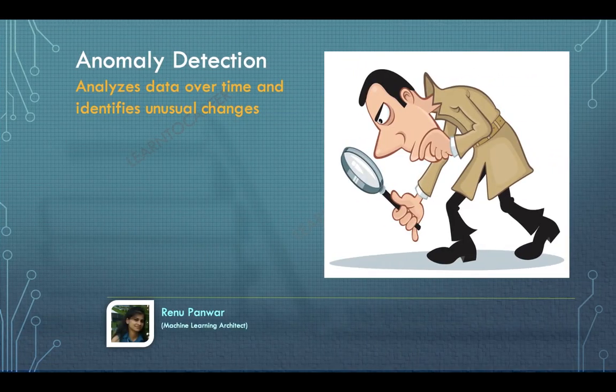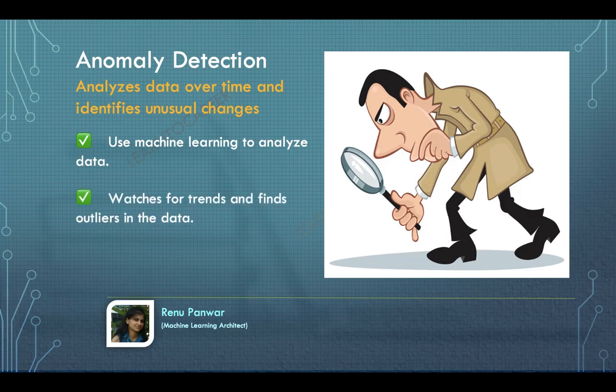Our second element of AI is anomaly detection. Now, this uses machine learning to analyze data over time and identify unusual changes. If you have ever gotten an email or a call from your bank saying, "Hey, this charge looks unusual. Could you review it?" that's an example of anomaly detection.